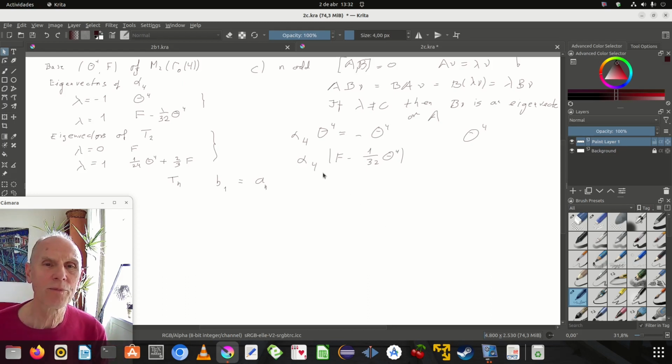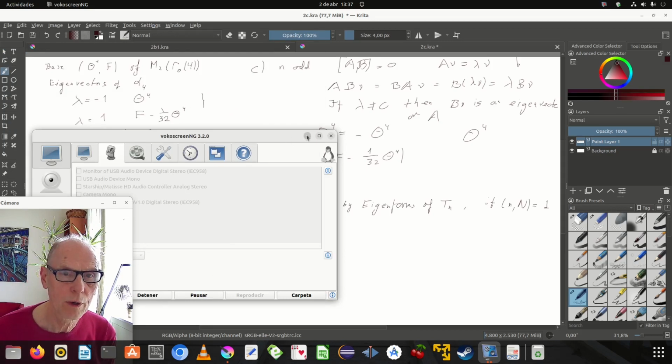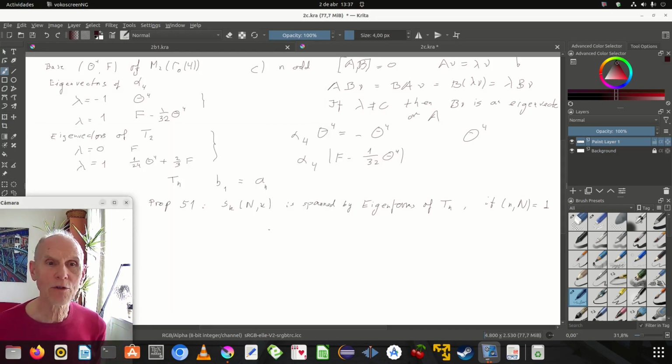So I'll check if we can be sure that Tn can be diagonalized. So I'll just check that. Right, it turned out to be the last proposition of the section, proposition 51. Assuming small n and capital N are coprime, the space of cusp forms is spanned by eigenforms of Tn.